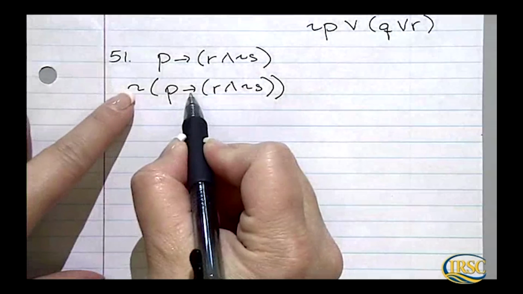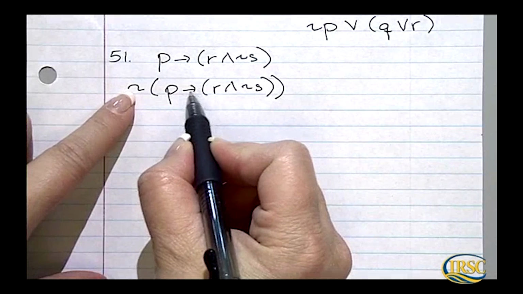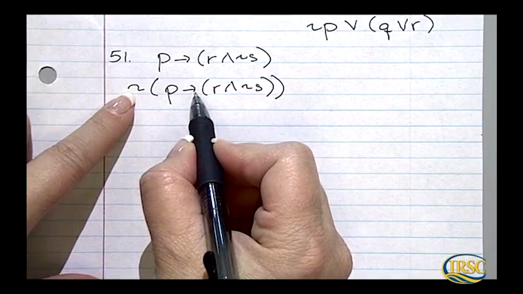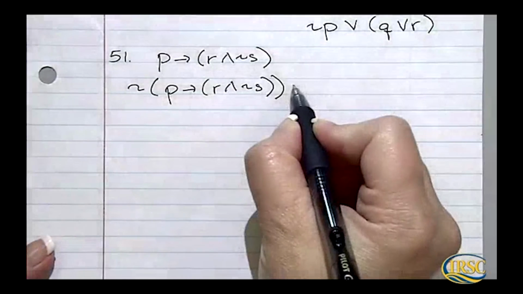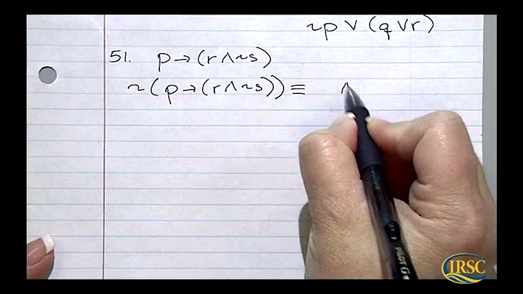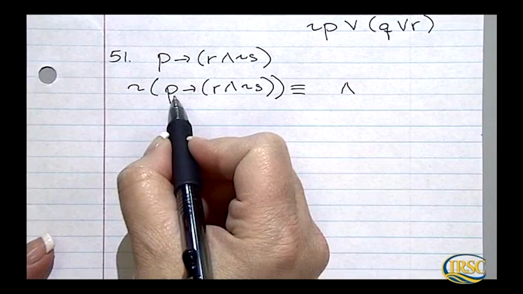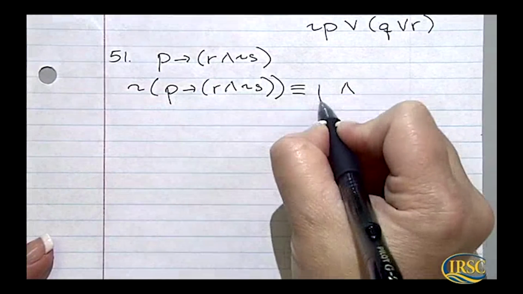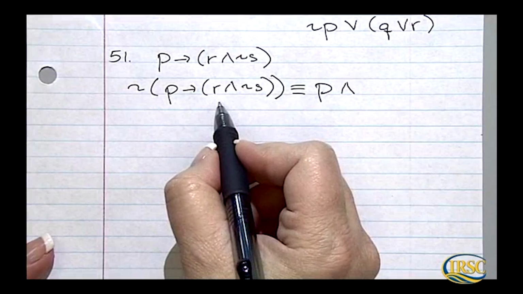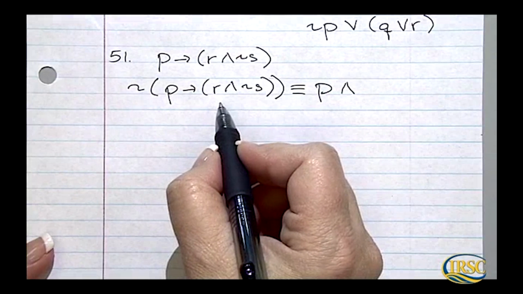So we're mainly negating an if-then. That's what the main symbol is here. And so we just talked about that. How do you negate an if-then? An and, good. So I'm going to change this to an and. The if part, does that stay the same or does it change? The same. The then part, same or negate? Negate.